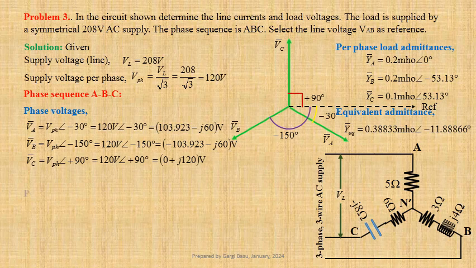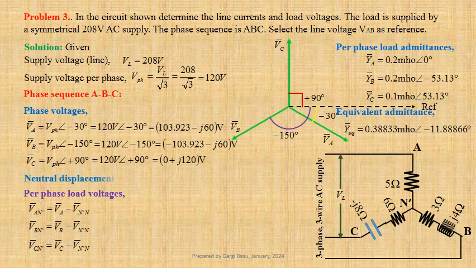Expression for per phase load voltages: VAN' equals VA minus Vn'n, VBN' equals VB minus Vn'n, and VCN' equals VC minus Vn'n. We have determined neutral displacement voltage Vn'n equals 30.461 volt at an angle plus 168.85846 degree.